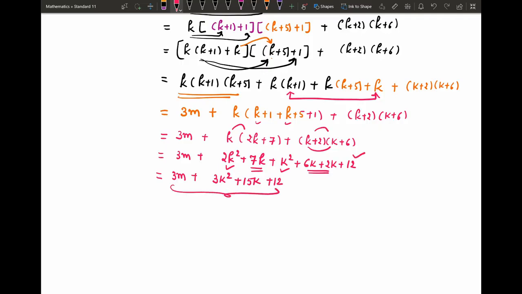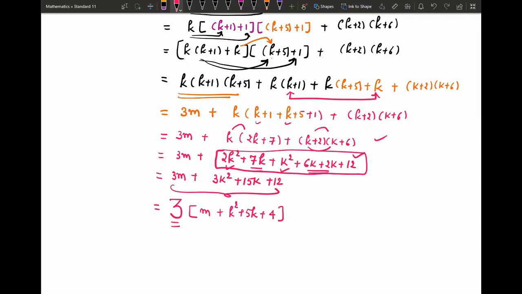So you can observe this is nothing but ordinary expansion of last two term, k into 2k, 2k square plus 7k, k into k, k square plus 6k plus 2k plus 12. Now remaining addition 3k square plus 15k plus 12. Now from each term you can observe we can take 3 common, so 3 into bracket m plus k square plus 5k plus 4.